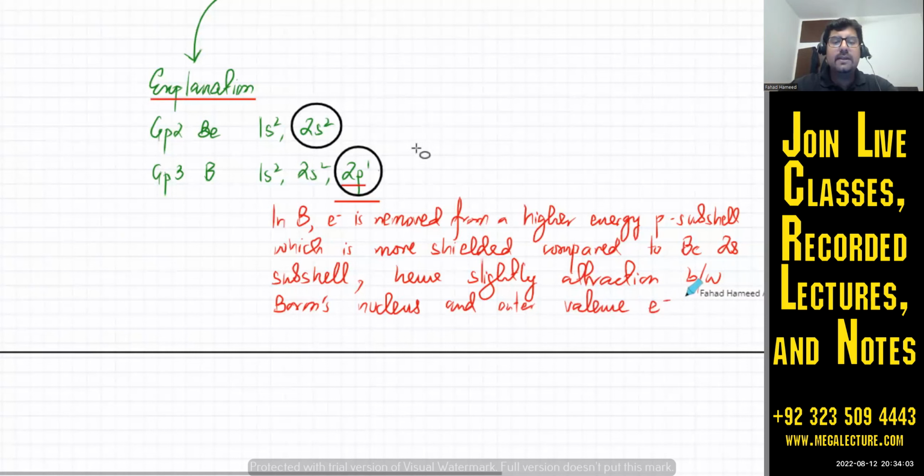That's why it slightly becomes easier to actually remove this electron.